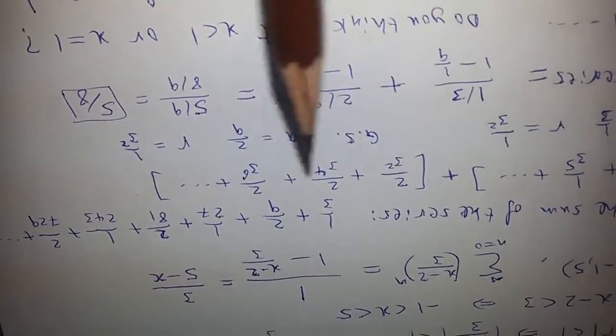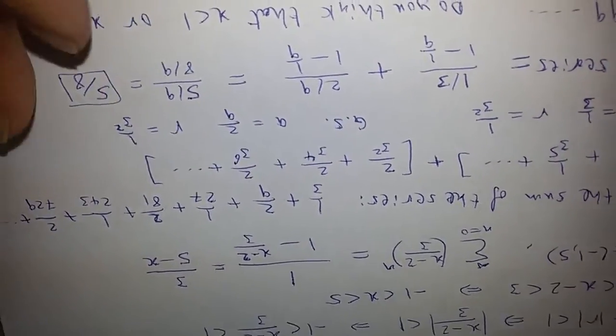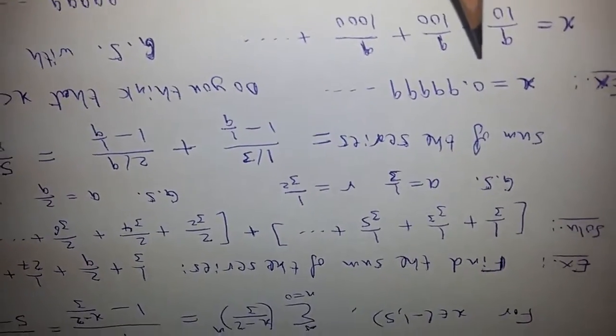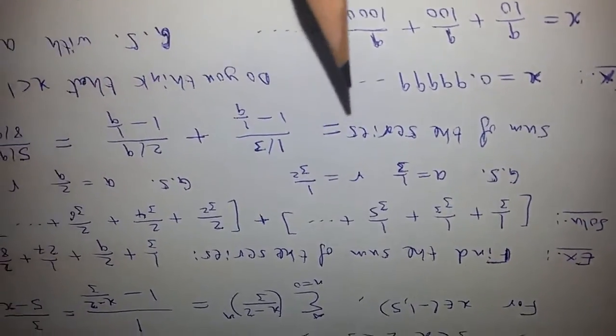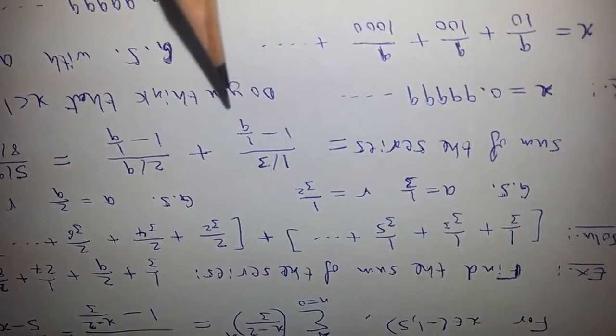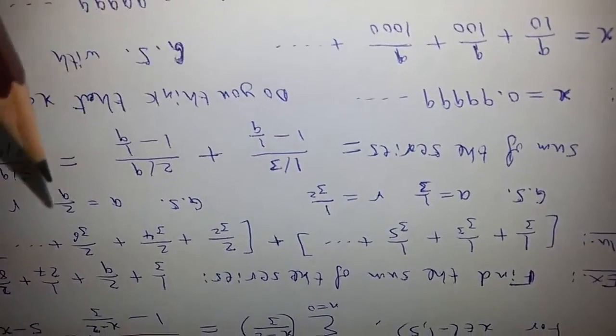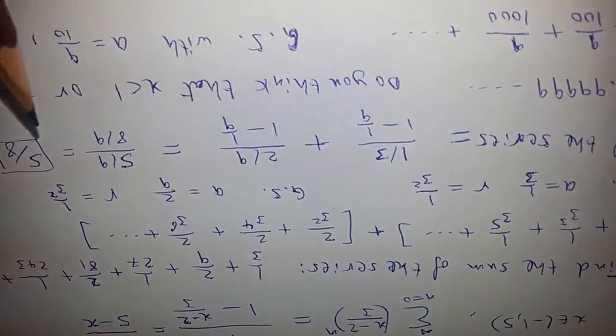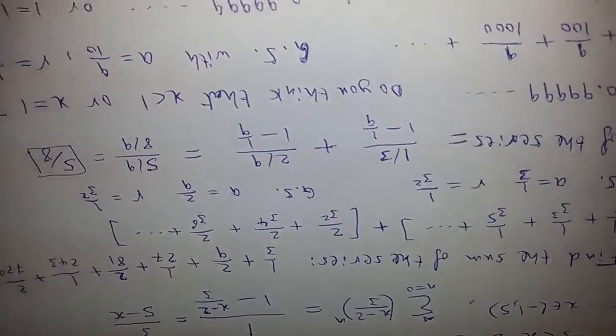If you have two convergent series, their sum would be convergent. Their difference would be convergent. A scalar multiplication would be convergent. So the sum of this series is A over 1 minus R, and the sum of this series would be A over 1 minus R. Adding the two, you get 5 over 8.